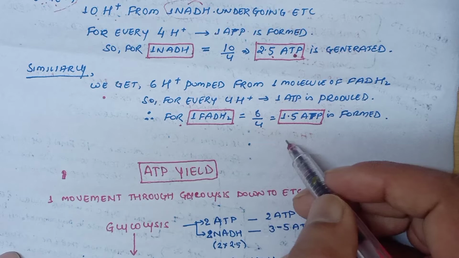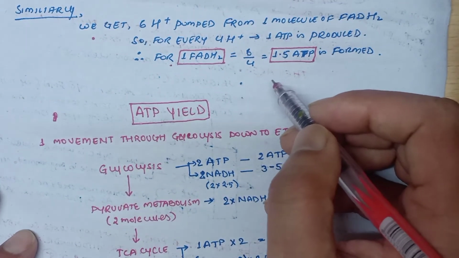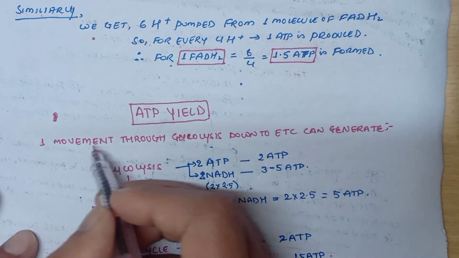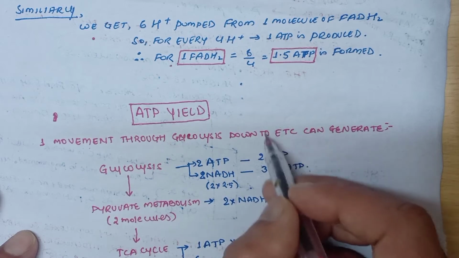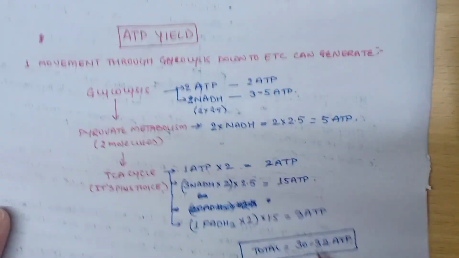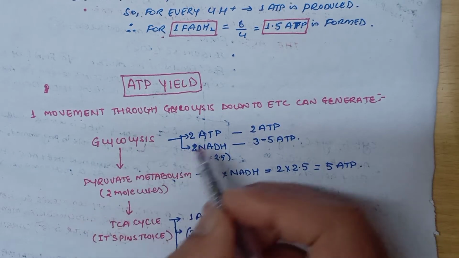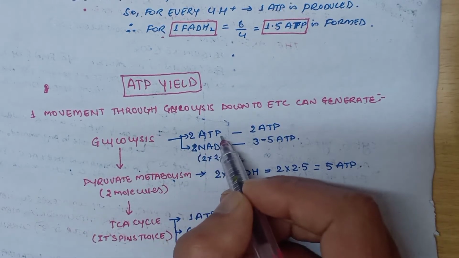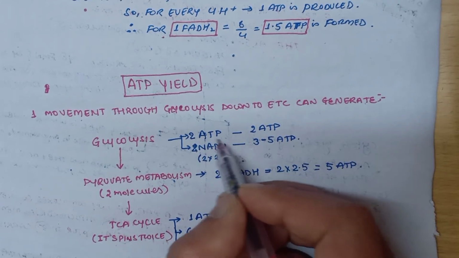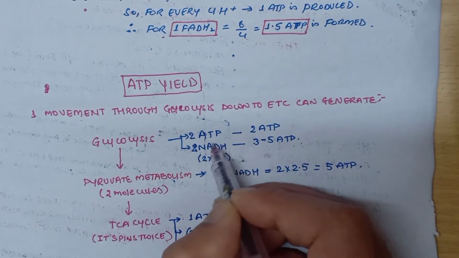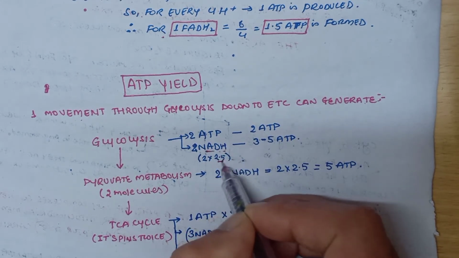Now we will talk about how much ATP is produced during the metabolism of glucose. One molecule of glucose, through glycolysis down to the electron transport chain, can generate a total of 30 to 32 ATP. From glycolysis we get 2 direct ATP and 2 molecules of NADH, which go into the electron transport chain, and 1 molecule of NADH gives 2.5 ATP.